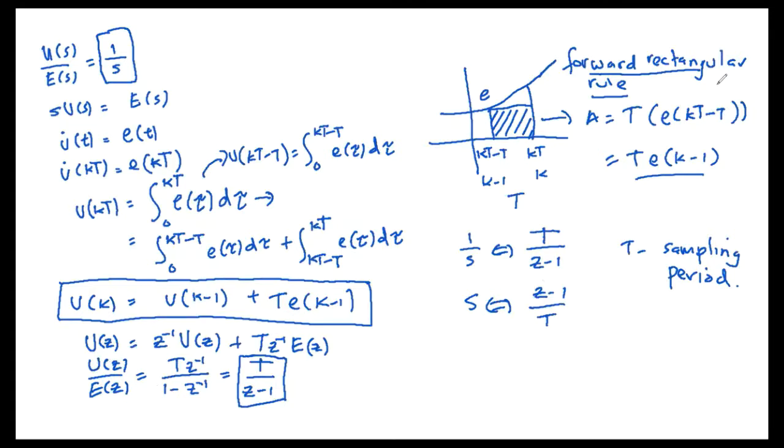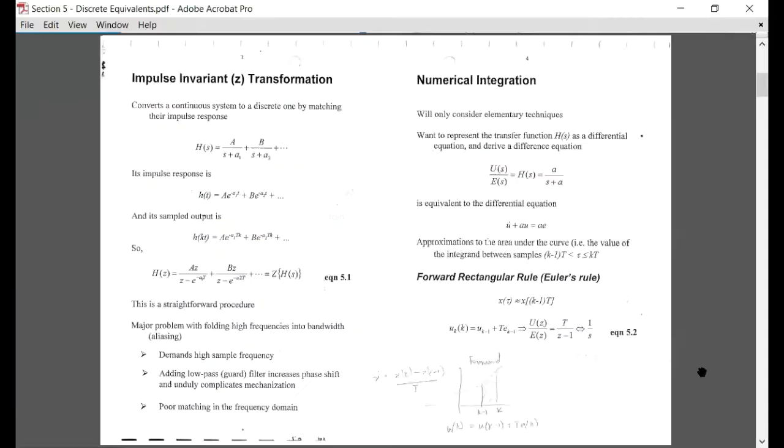So this is one of the numerical approximation methods. Now if I go back to my notes, you can see the same result that we have got here. So t over z minus 1 is equivalent to 1 over s. So this is how we get that.